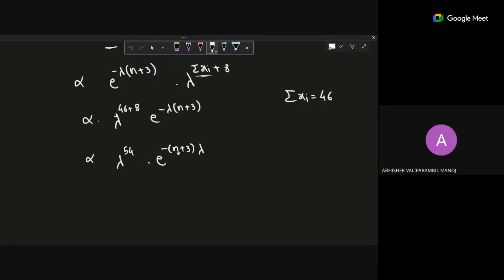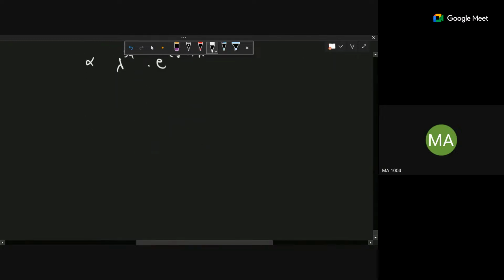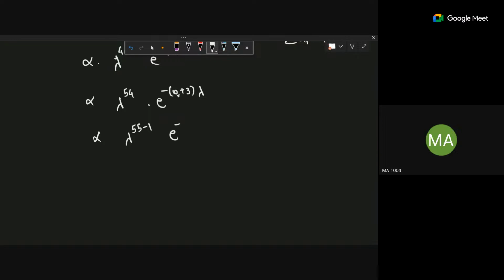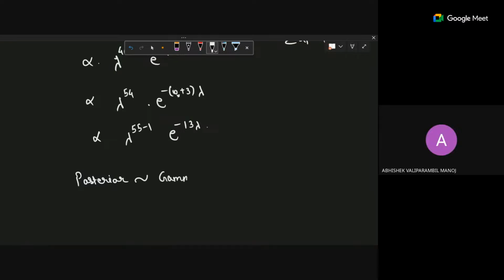What is n? 10, the number of samples. So we can write it as lambda to the power 55 minus 1, e to the power minus 13 lambda, right? So that means our posterior is following gamma distribution, with alpha value as 55 and beta value as 13.